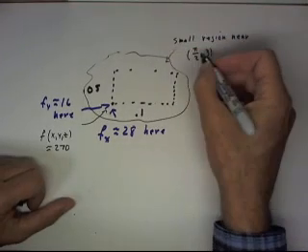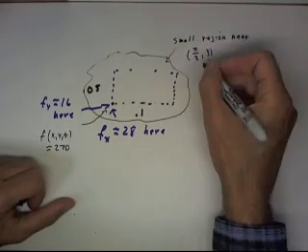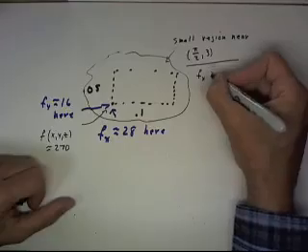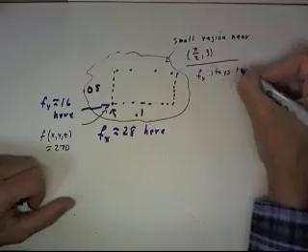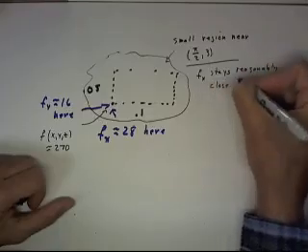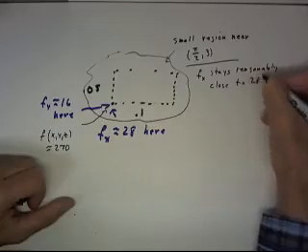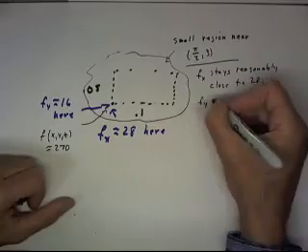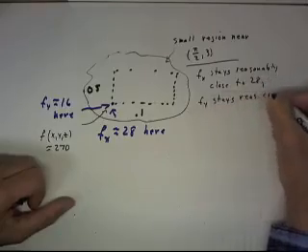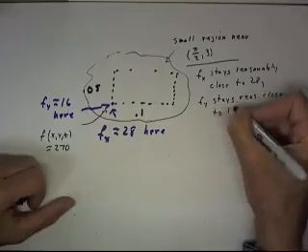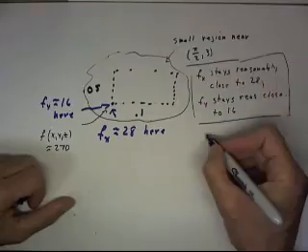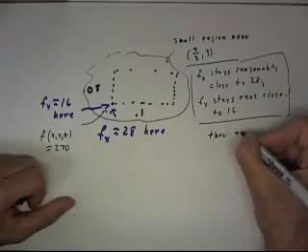But if this is some small region near pi over 2, 3, what we're saying is that fx stays reasonably close to 28, fy stays reasonably close to 16, through the entire region.